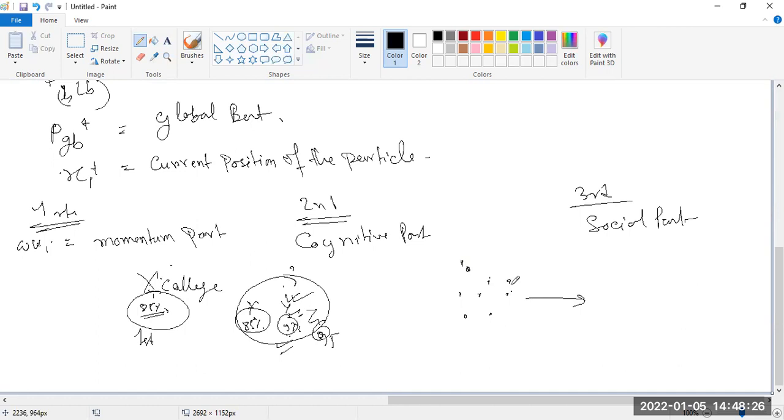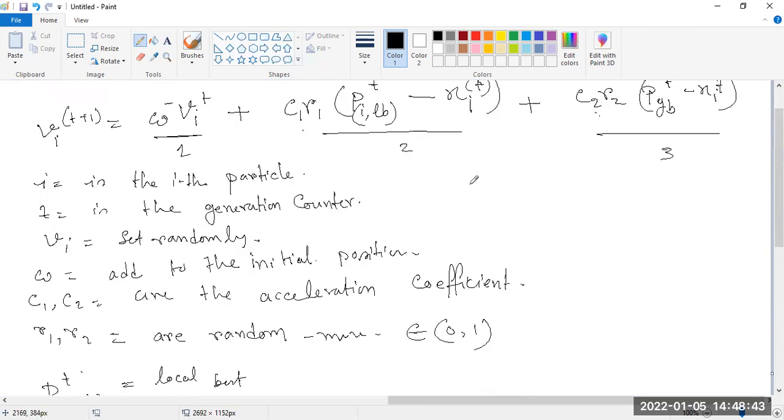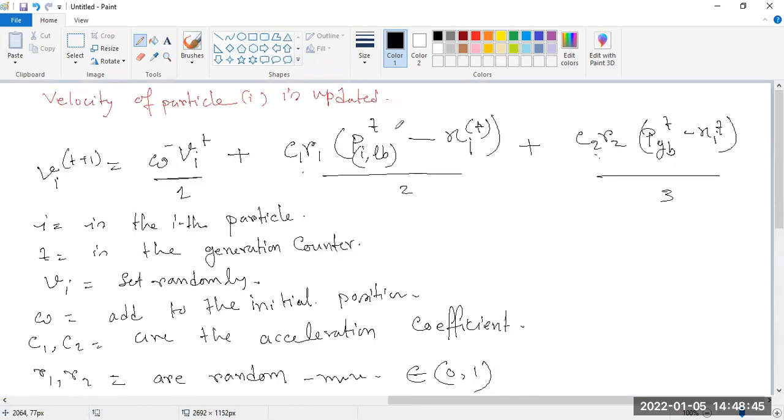Whenever they reach the food, you can see these birds reach the food, so this is the global best position. In this way we go through the iteration process, and ultimately we get the fitness factor and the fittest position.